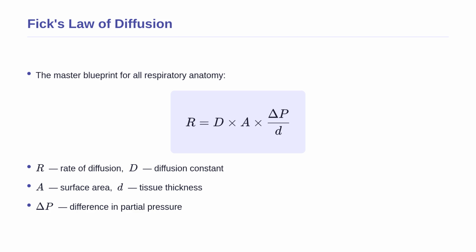A is the total surface area available. Delta P is the pressure difference driving the gas, and T is the thickness of the tissue barrier. If you want to increase the breathing rate R, you must either increase the surface area A or decrease the barrier thickness T. This simple equation explains millions of years of evolutionary changes.